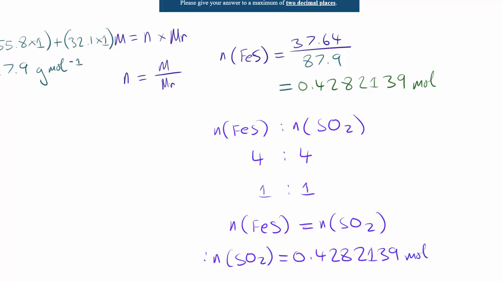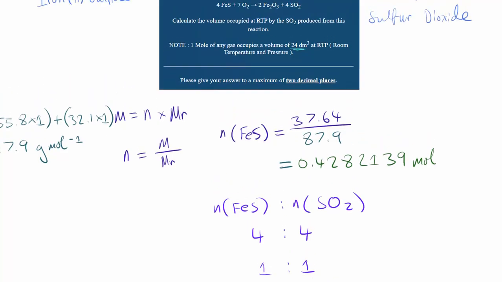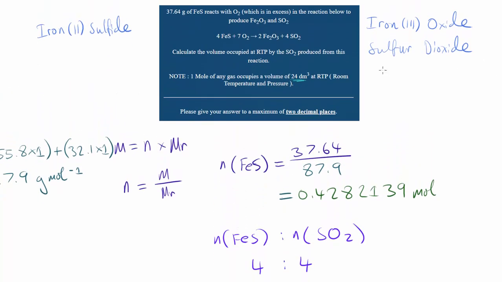Now, if we refer back to the information the question gives us regarding the volume occupied by 1 mole of any gas at room temperature and pressure, which is the condition of this reaction, what we can work out is that we need to multiply our given number of moles, obviously it's not 1, but if we multiply whatever moles we have by 24, we're going to get the actual volume occupied.